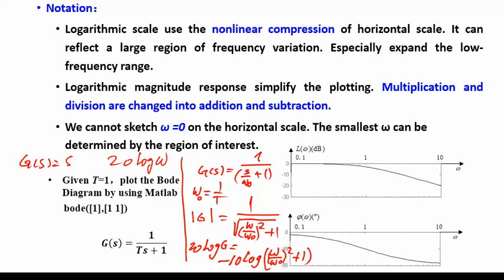Now, is this a linear function in the log scale of omega? Is this term, the second order term, linear in terms of the log scale? No, it is not. Let us define omega over omega 0 equal to x. If you define it, you cannot split log of (omega over omega 0 plus 1) into log omega over omega 0 plus or minus 1.